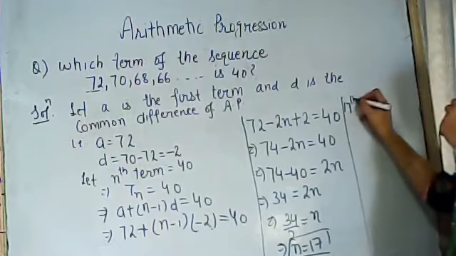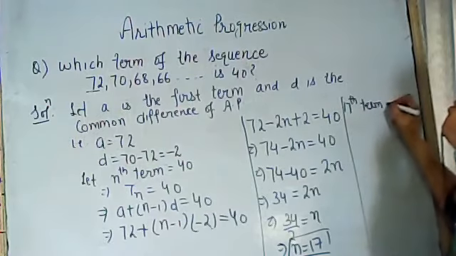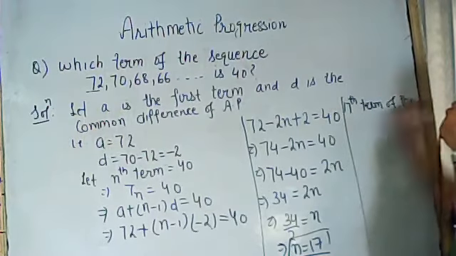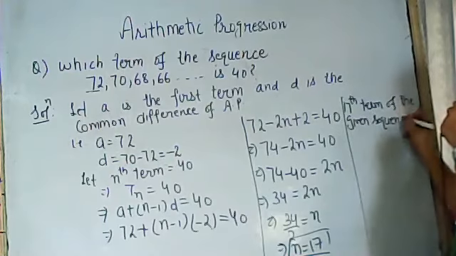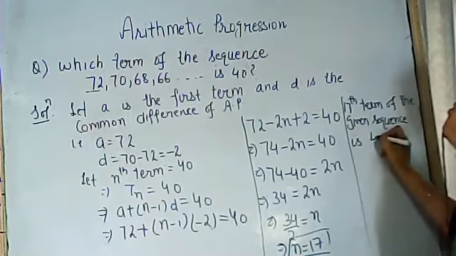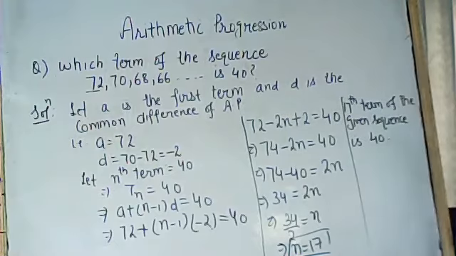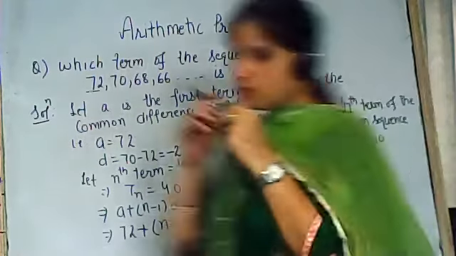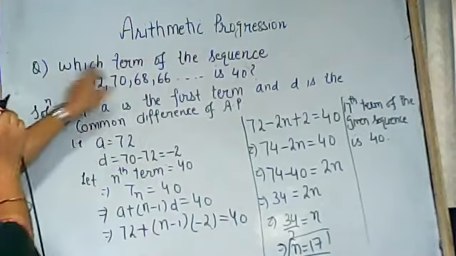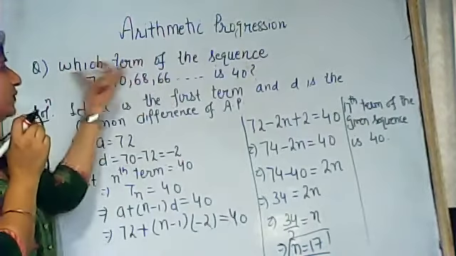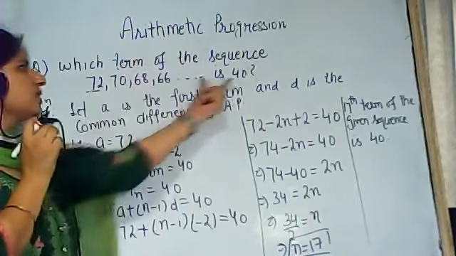Therefore, the 17th term of the given sequence is 40. So beta, this question is very important. What we have discussed in this example is that we want to find which term of this particular sequence is equal to 40.